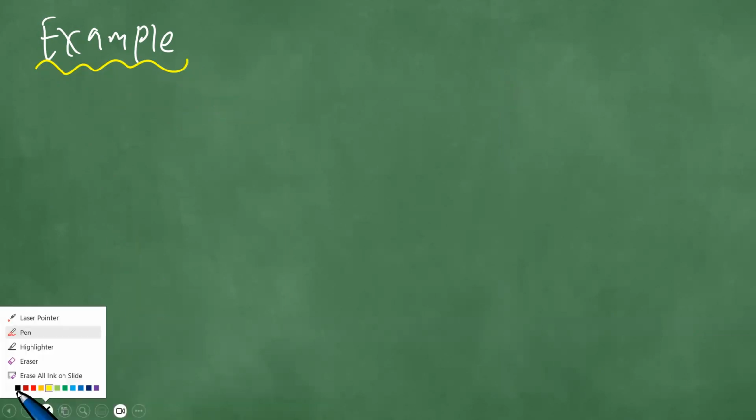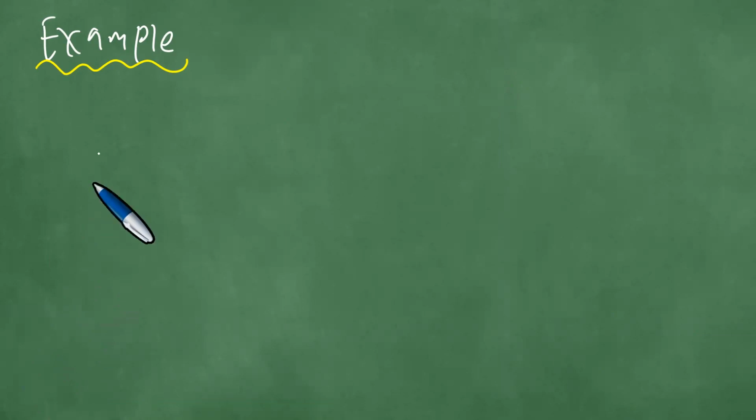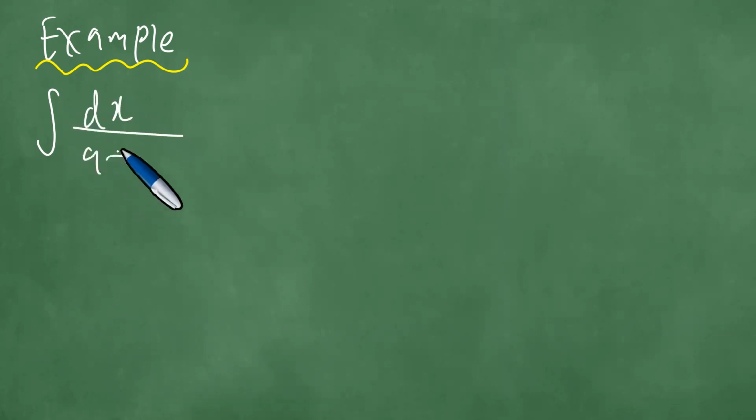Right, in this example, we are trying to analyze this and see what we can do. So we're looking at the integral with respect to x of 9 plus 4x squared.